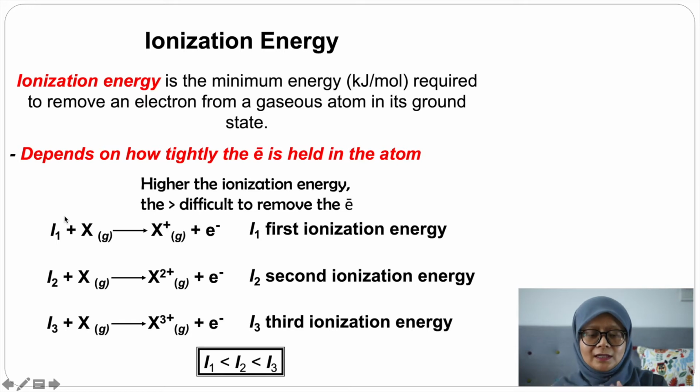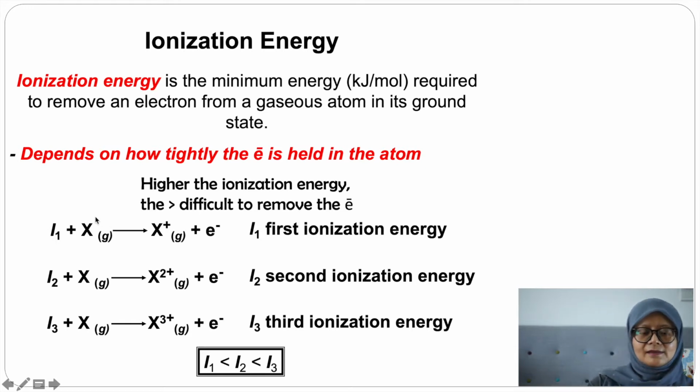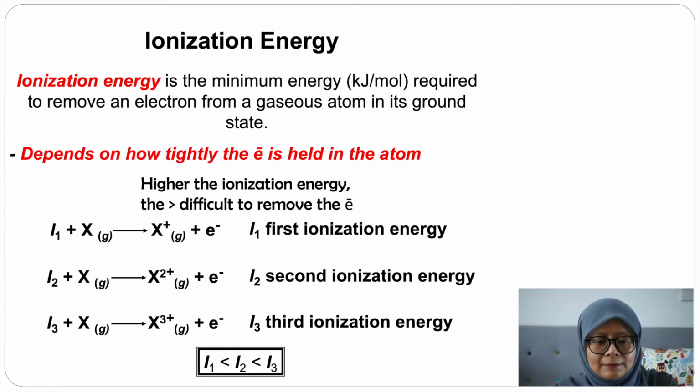Oh sorry, this is the atom X, not I. This atom X receives the first ionization energy, and it will become X plus, and it removes one electron.